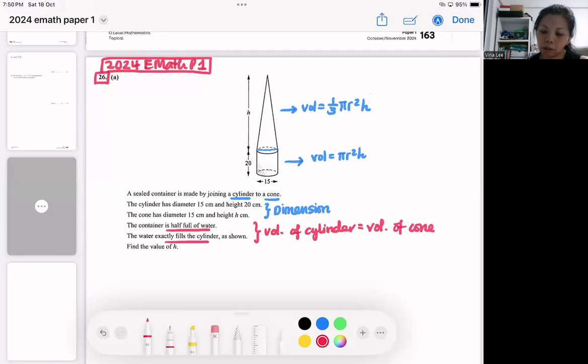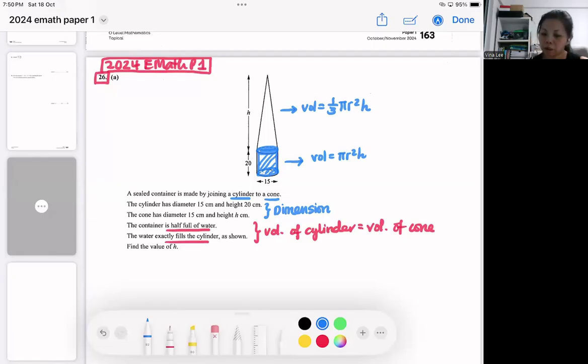The container is half filled with water. That means when the water is here, the container is half filled, and when it is half filled, it has just filled up the cylinder. So from here, you must have the idea that they have the same volume. Otherwise, you will get stuck.